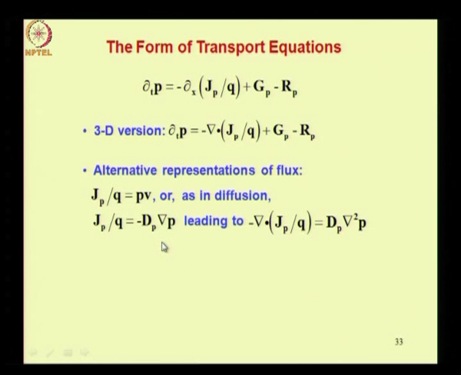So if such a form for the flux is used, then the divergence term comes out in this form. So divergence of Jp by q with a negative sign, that is what you have here, is equal to Dp into del square P. So your flux term on the right hand side can be either of the form the quantity on the left hand side into its velocity, or del square of this quantity P, but with a positive sign and some coefficient over here.